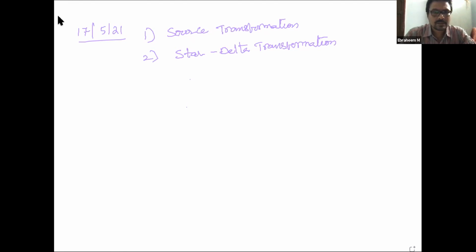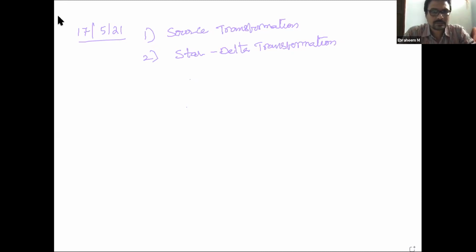This observation allows you to do analysis by converting a voltage source with series resistance to an equivalent current source with a parallel resistance. We can analyze or simplify circuits using source transformation. It mainly contains converting a voltage source into a current source, and vice versa.